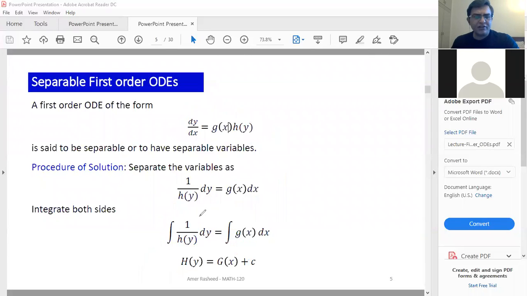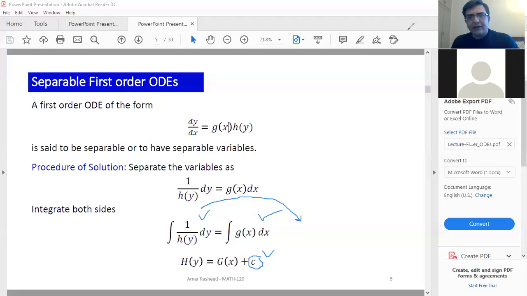We could have two constants, one on each side, but we can move one to the other side, and the difference is another constant. We call that constant C. So we write only one constant of integration, on the right hand side.